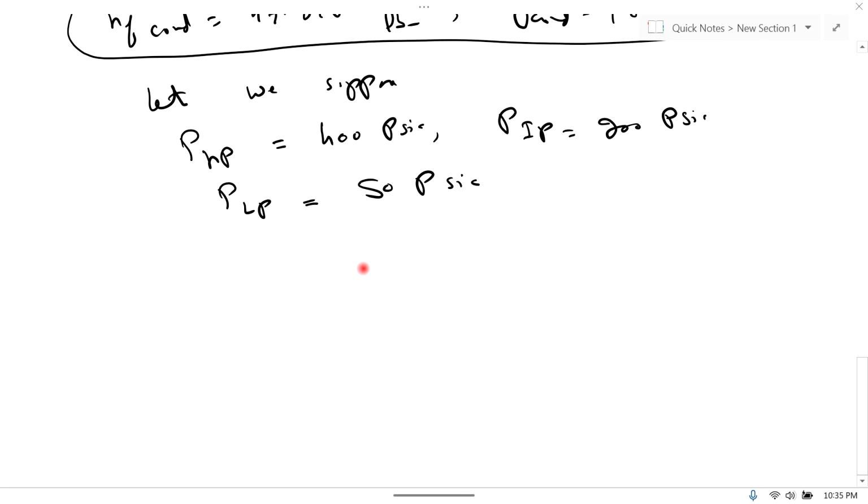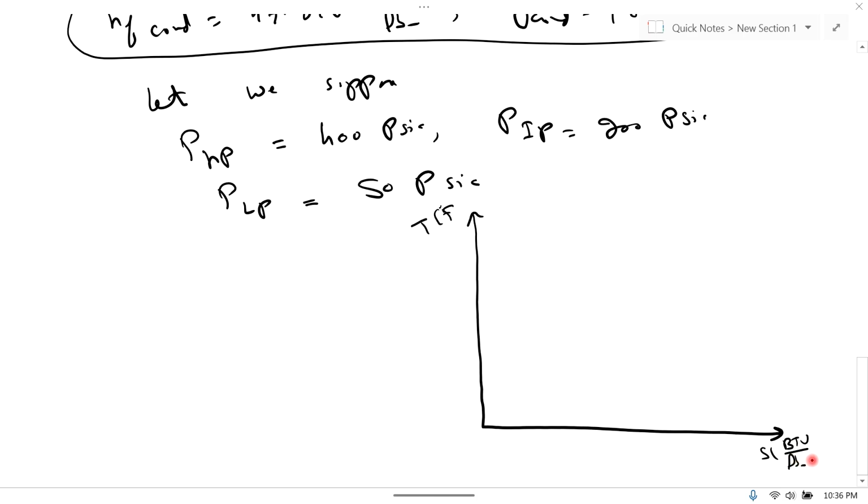If we draw the Rankine cycle on a TS diagram, it will be something like this. This is temperature in degree Fahrenheit, and this is entropy in BTU per pound mass per degree R. This is the saturation curve.